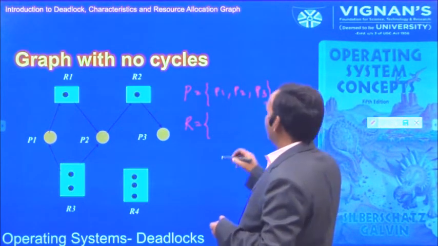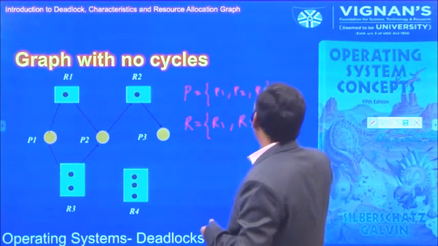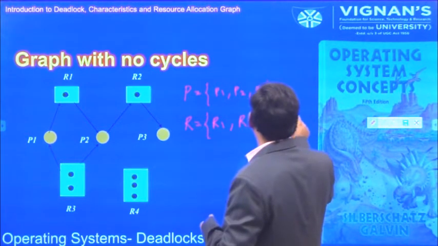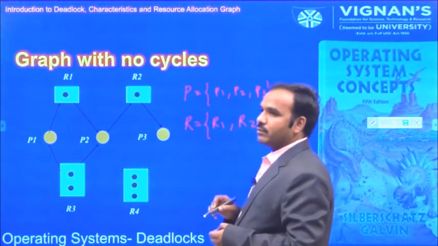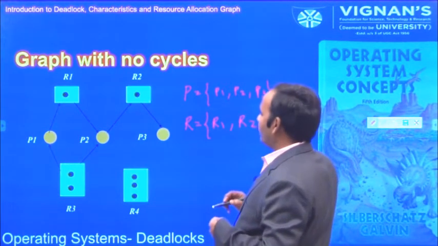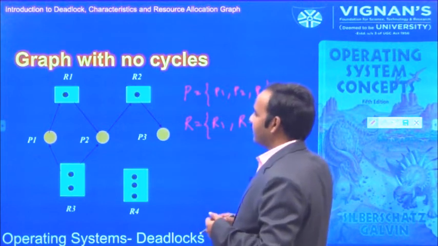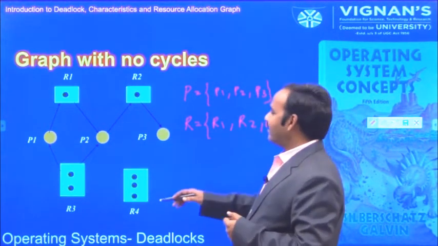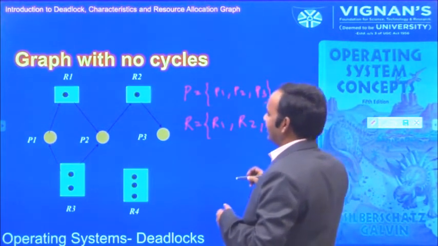Set R is R1, R2, R3, R4. There are 4 values in the set R. Similarly here, we have two types of edges: one is the assignment edge, another one is the request edge.